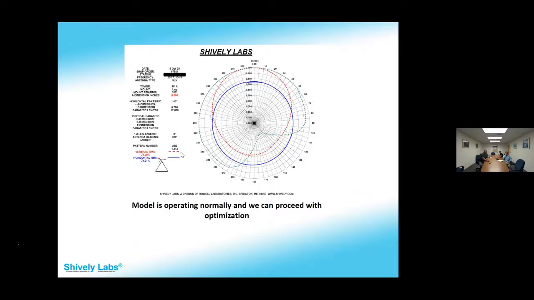As you see in the presentation, the slide that you're looking at, there's parasitic length, which is noted as 12 inches. That's actually a scaled value. And the C dimension is the distance above and below the radiator from center line. That's the scale value. So those values are transformed back, and the actual production models are built from those values.